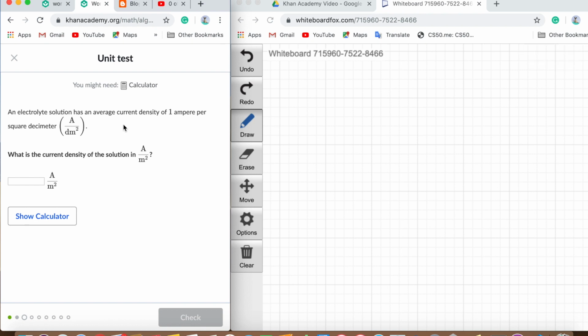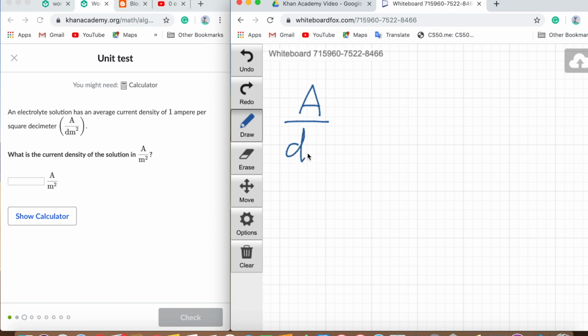Current density is 1 ampere. Okay, so here is the thing. We want to transfer this thing into something like this.